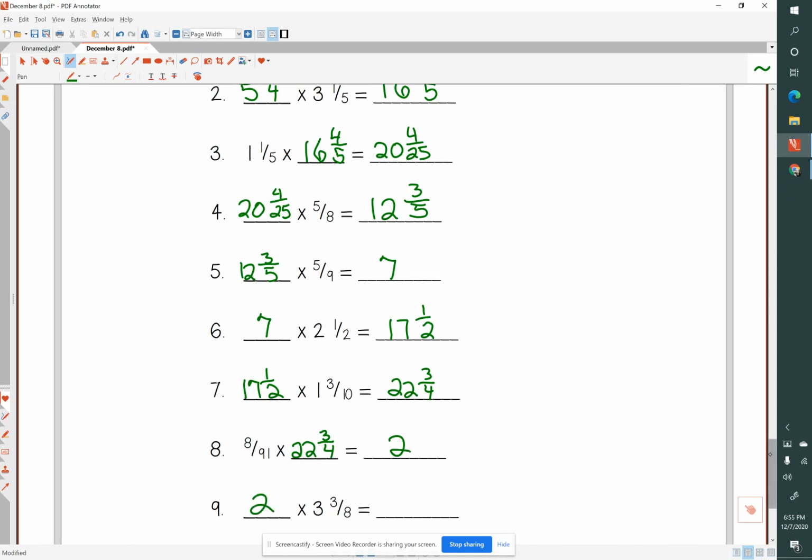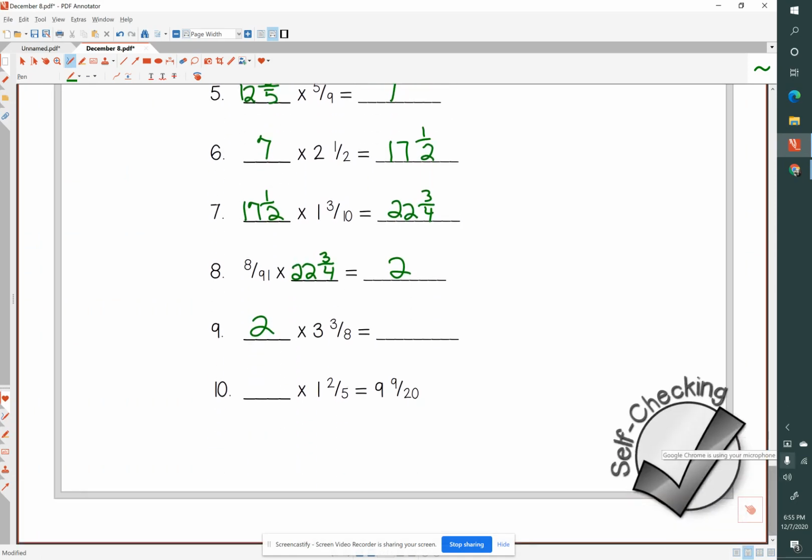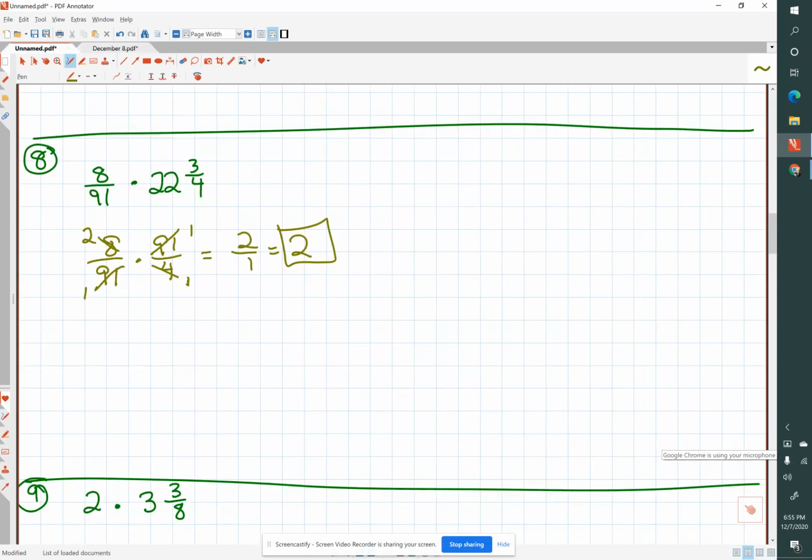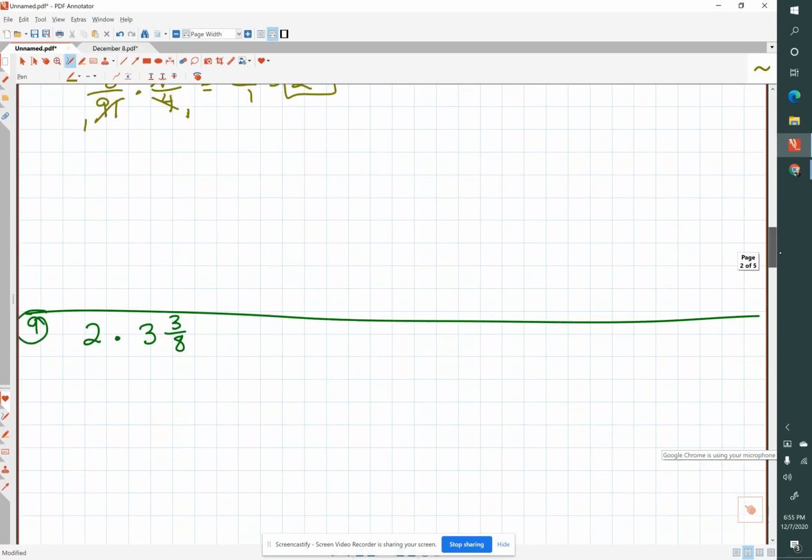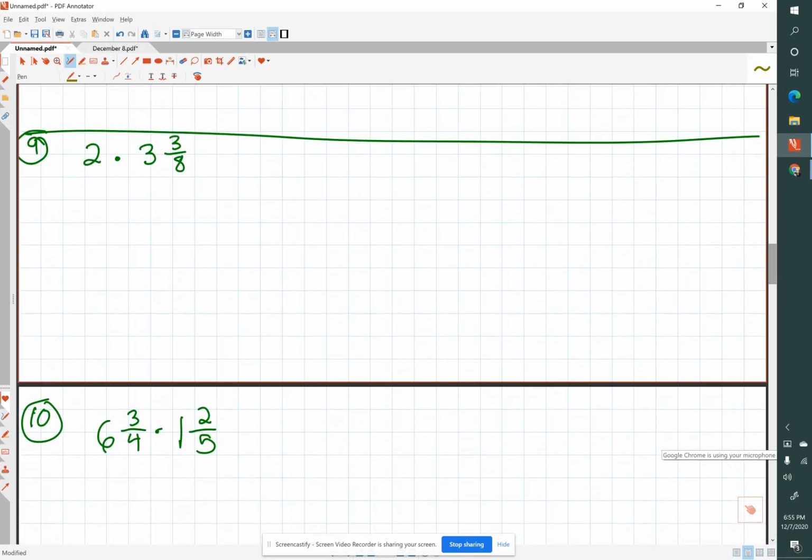And now we're on number 9, getting near the end. 2 times 3 and 3/8. So I've set us up. Let's convert that 3 and 3/8. So in the numerator, we'll have 3 times 8 plus 3. 8 times 3 is 24, plus 3 is 27, 27/8.